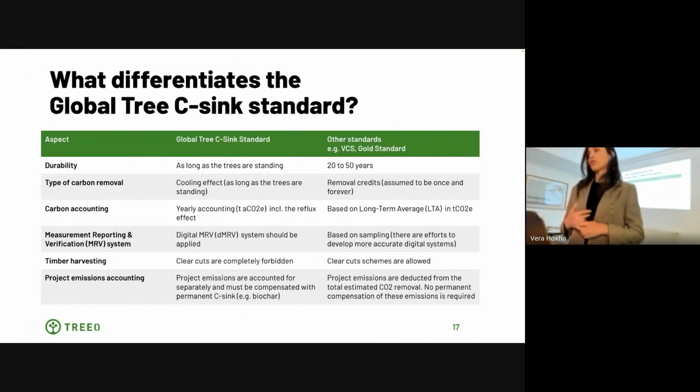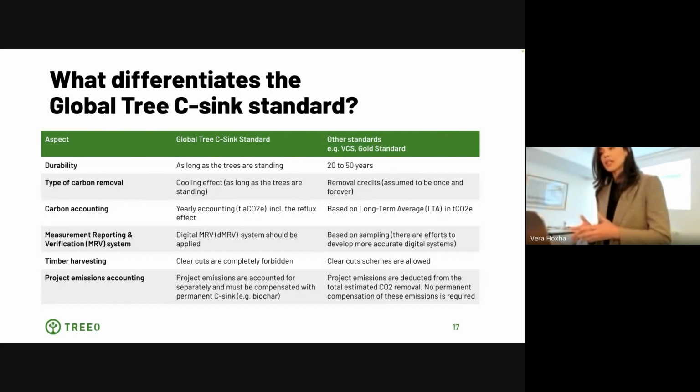First of all, if we talk about durability, for the global tree C-sink, we are talking about trees that are standing in the field. So as long as they are standing, we can talk about specific durability. So there is a kind of time tag on the projects.